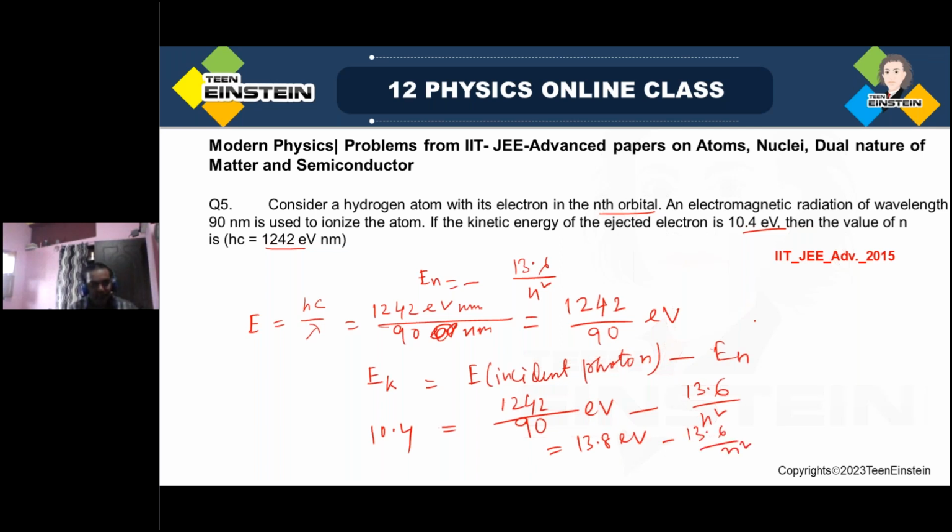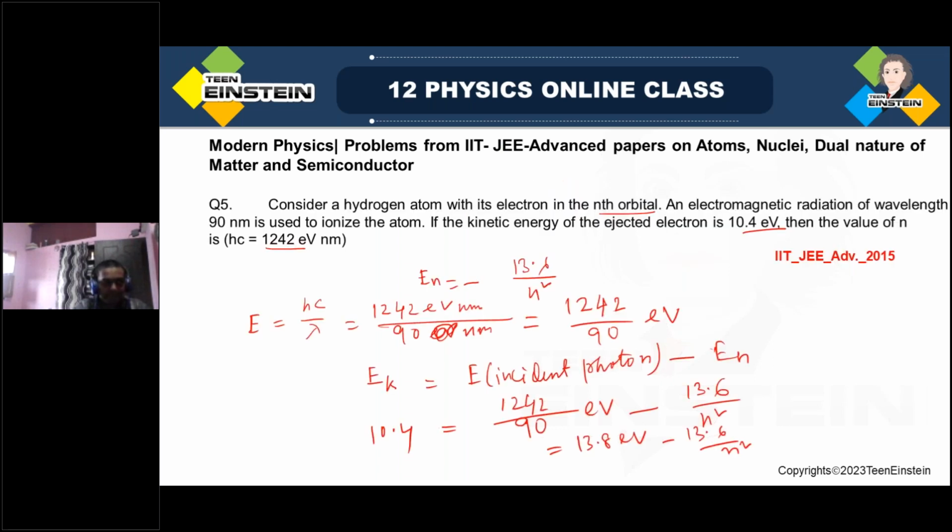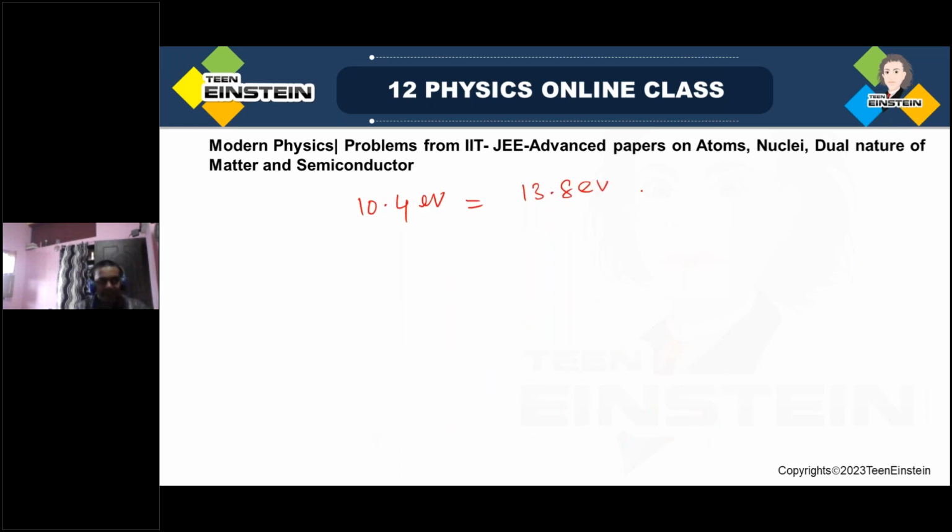So I have enough space here. 10.4 eV is equal to 13.8 eV minus 13.6 by n square. From here it will be easy to find out.